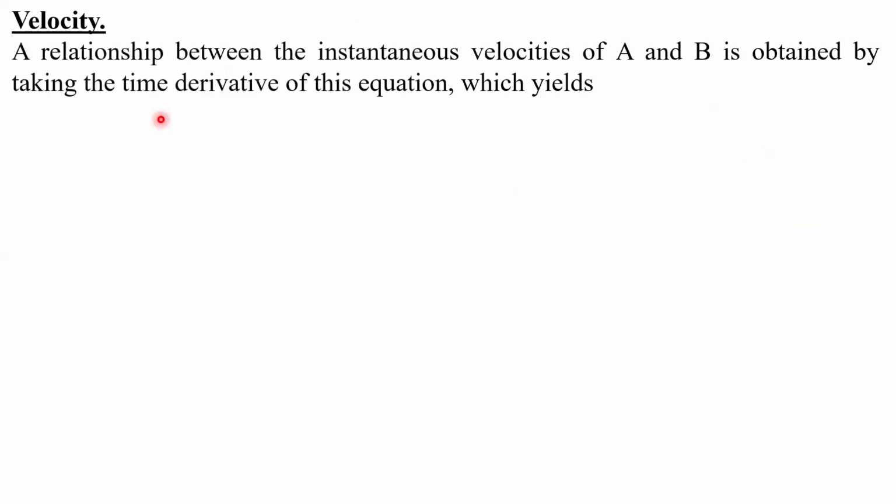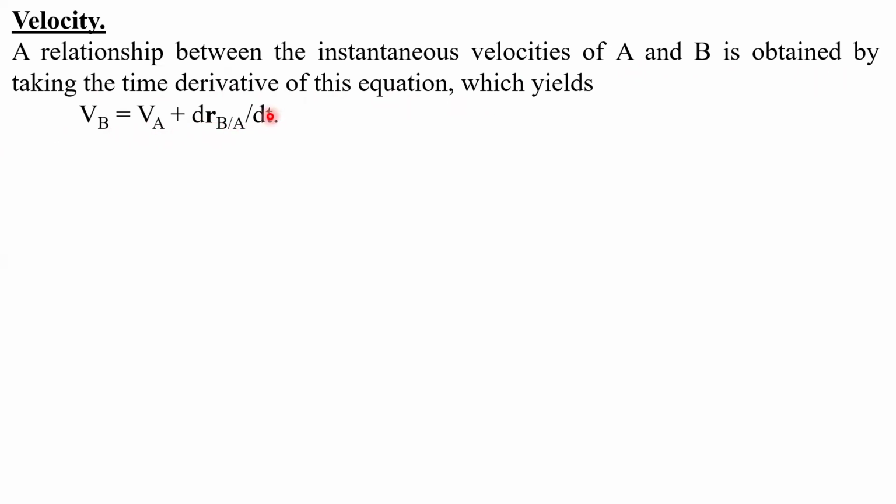Velocity. A relationship between the instantaneous velocities of A and B is obtained by taking the time derivative of this equation, which yields VB is equal to VA plus d(R of B with respect to A)/dt.